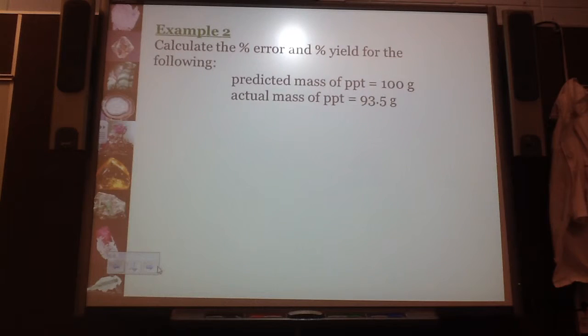So let's do another one. Calculate the percent error and the percent yield for the following. So our percent error, 93.5 minus 100, divided by 100, but then times by 100.